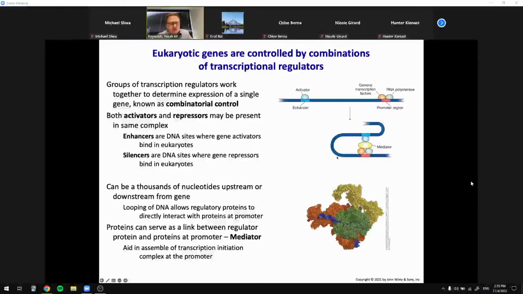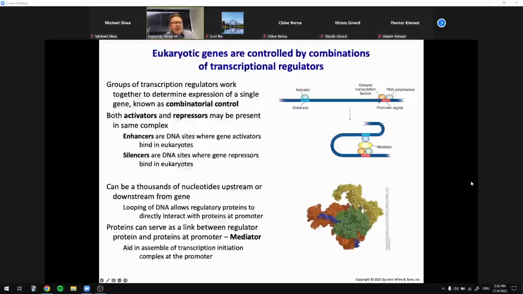And so these enhancers help the polymerase and everything organize into the right place and be ready to go. We can also have things that help turn it off as well. So we have repressors, and repressors bind the regions we call silencers. And these can be really far away in eukaryotes. They can be thousands of bases away.